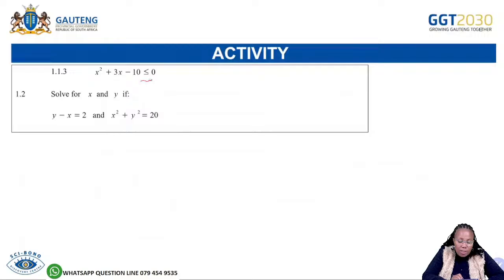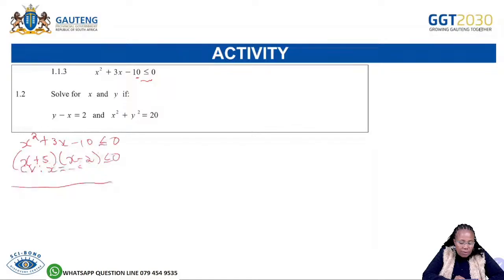This is an inequality type. And then remember, you look for factors of 10. When you subtract them, you get a 3. And then if you factorize this grade 12, you'll end up with x plus 5 and x minus 2, which is less than or equal to 0, into the number line, because this will give you critical values, x equal to minus 5 or x equals to 2.